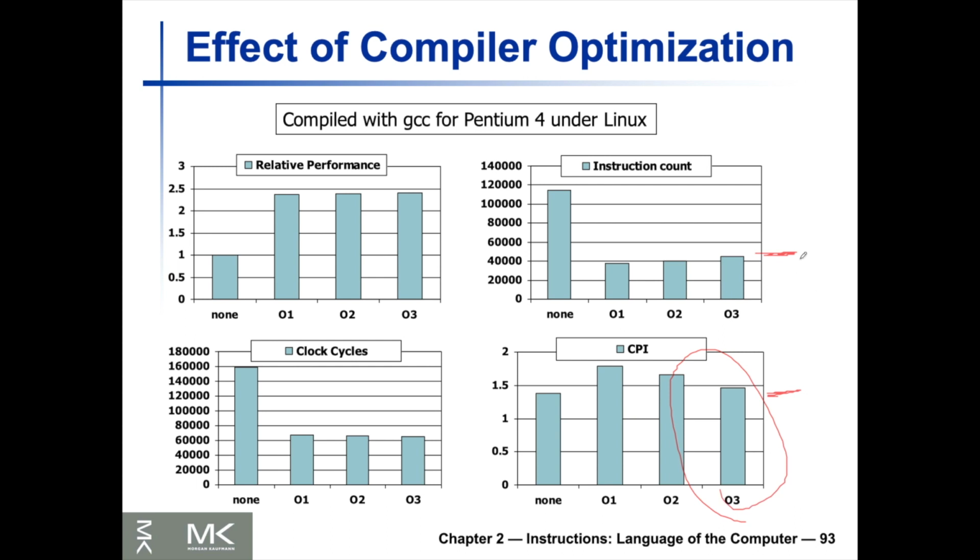You see, by using O3 in both cases, we have more instruction counts or more CPI. However, the performance was vastly increased by using O3 with respect to the original code, right? You have this amount of speed up. So these are just for your own information if you want to have a look.